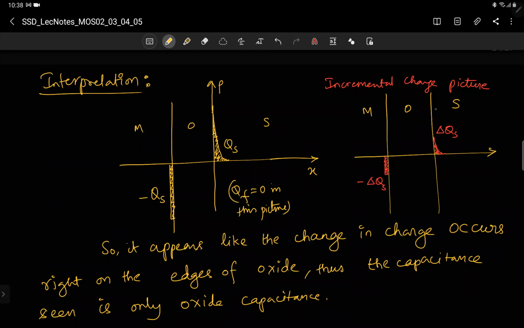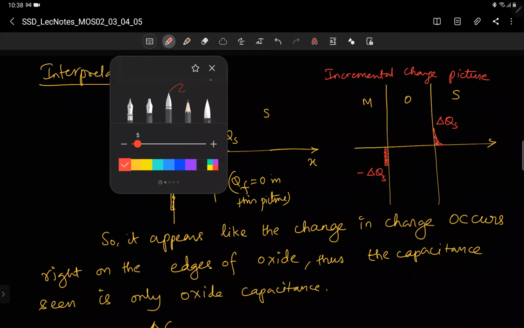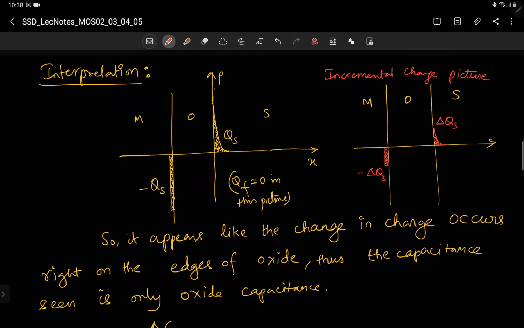So for the MOS, if you have bias delta V, that extra charge, where will it go and sit? This is the charge picture for applied voltage V. If you apply V plus delta V, there will be a little higher concentration here.